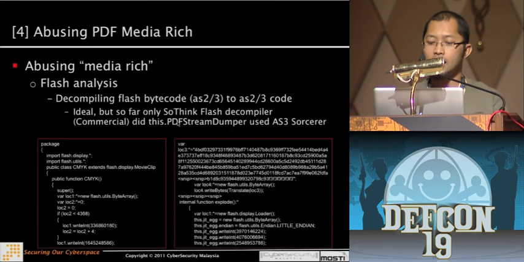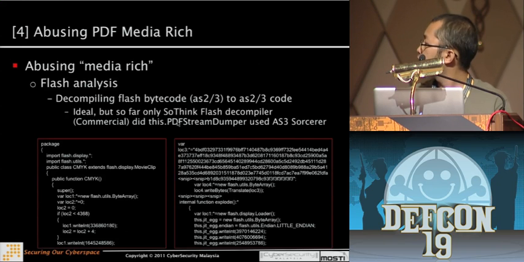So for the Flash analysis, it's very ideal for us to decompile the Flash bytecode, which is normally going to AS2 or AS3 code. Ideally, but so far I saw only two software that do a proper decompiling on this one, and they are commercial, so you cannot integrate this kind of tool within your parser.